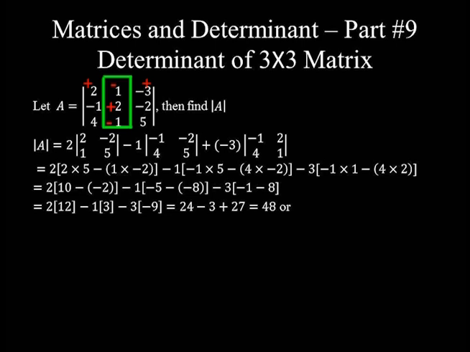Once we determine the sign of the coefficients, we can write the sum as determinant of matrix A equal to negative 1 times. This one belongs to row 1, column 2. So crossing out row 1 and column 2 left us with negative 1, negative 2 in row 1 and 4, 5 in row 2, plus 2 times. 2 is located at the intersection of row 2 and column 2.